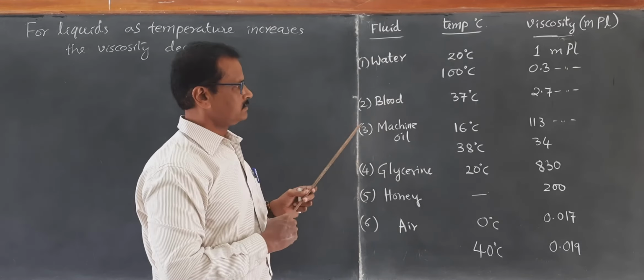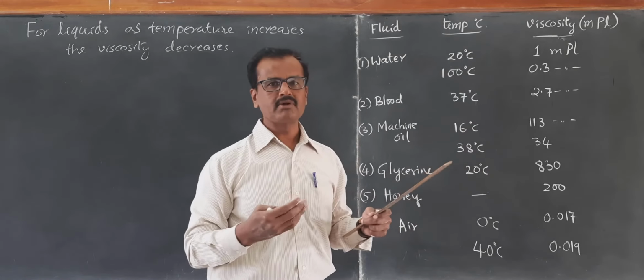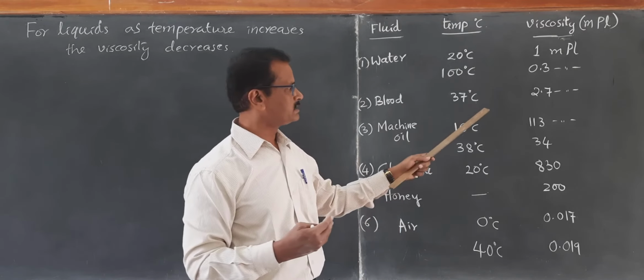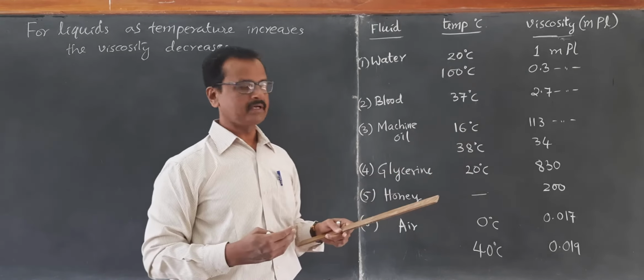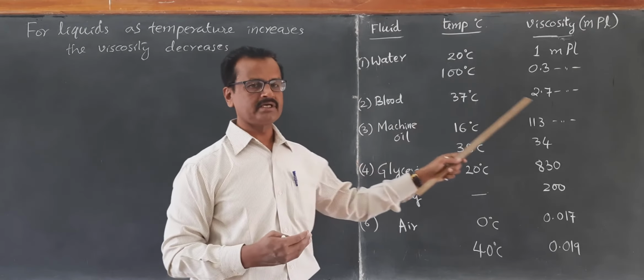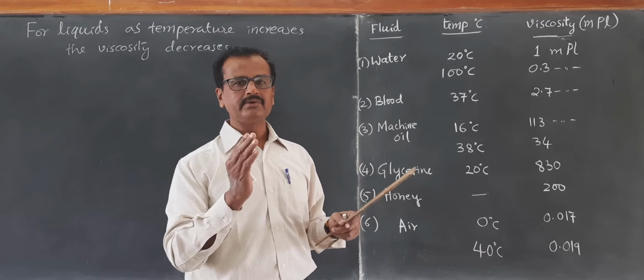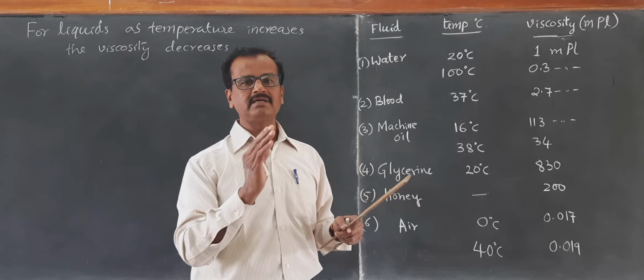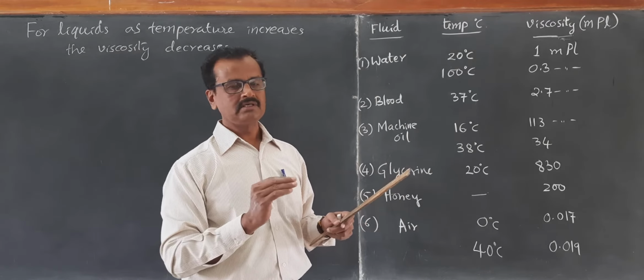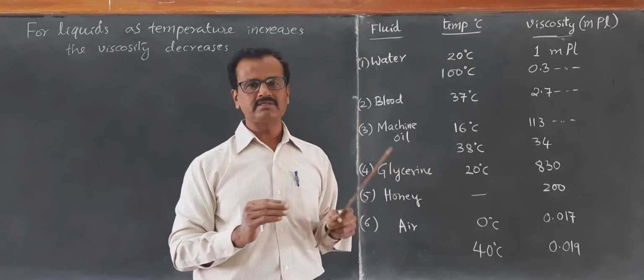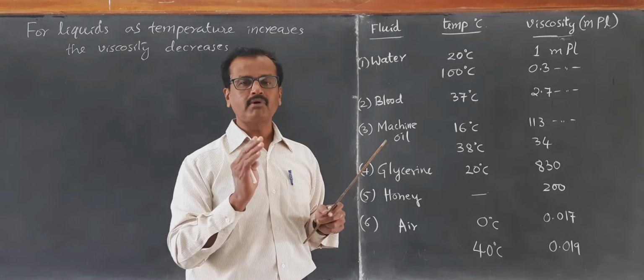Similarly, blood at 37 degrees Celsius, normal human body temperature, has 2.7 millipoise. Even from 0 to 37 degrees Celsius, the relative viscosity of blood doesn't vary very much. It remains almost the same, 2.7. That is a very important thing.